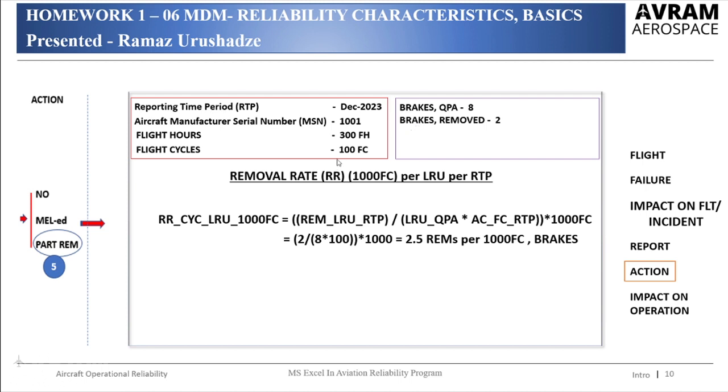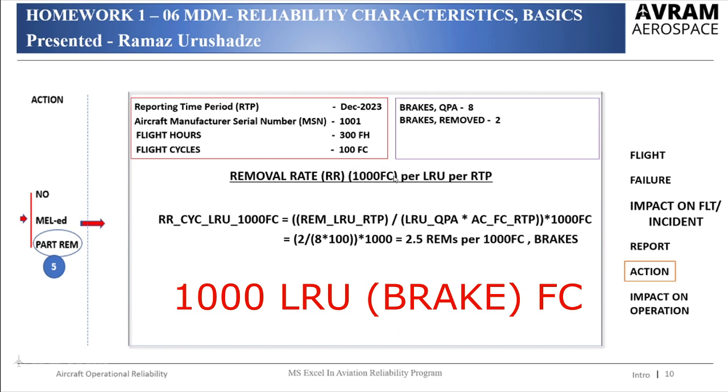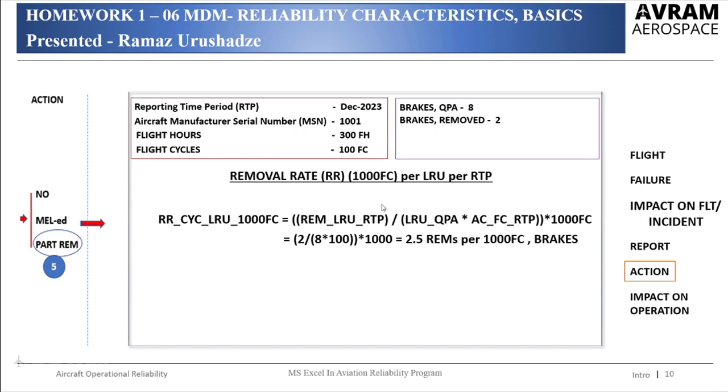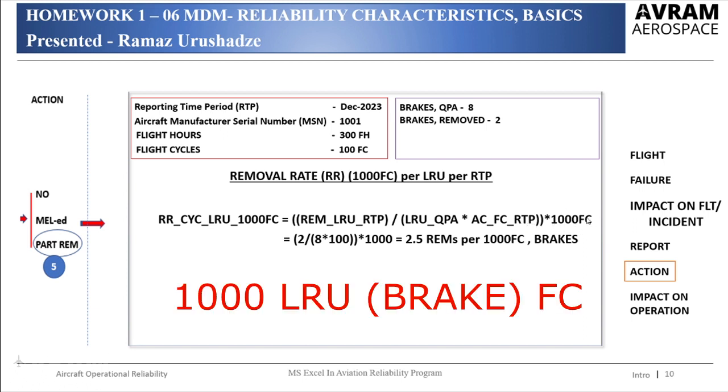You have to calculate the removal rate per 1000 flight cycles per LRU per RTP. In numerator, we have removed LRU per RTP, number of removed LRU. Divide, in denominator we have LRU QPA multiply aircraft flight cycles per RTP. And all these multiply 1000 flight cycles.